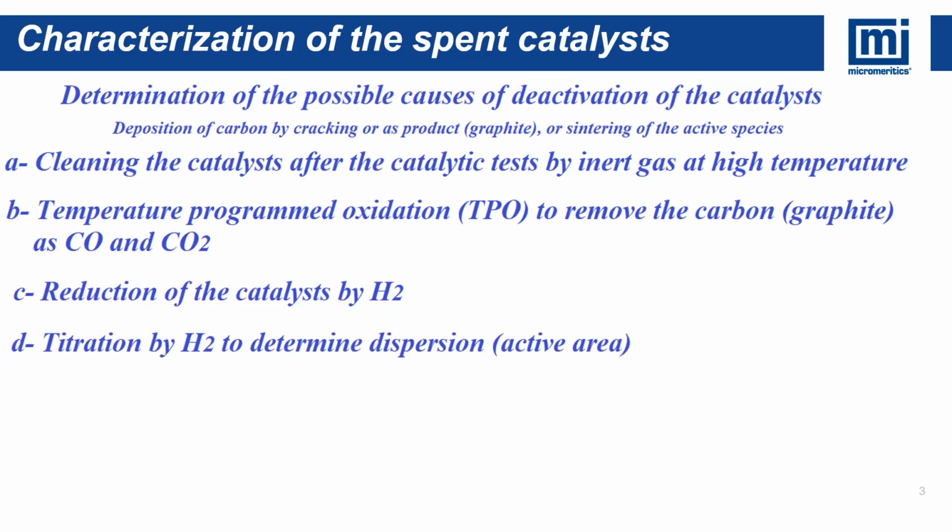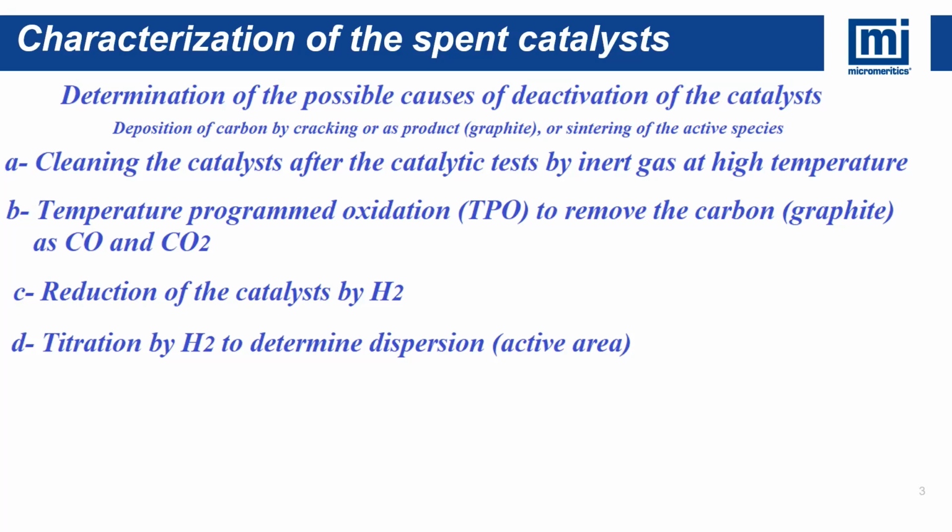Then after the TPO, at this stage, the catalyst has been oxidized. So we reduce the catalyst again with hydrogen by doing TPR. So we recover the nickel, and we proceed with the titration of hydrogen to determine the dispersion. If the dispersion is going down, it's because the particles are being sintered and we are losing active area.